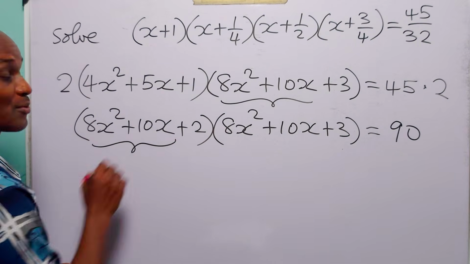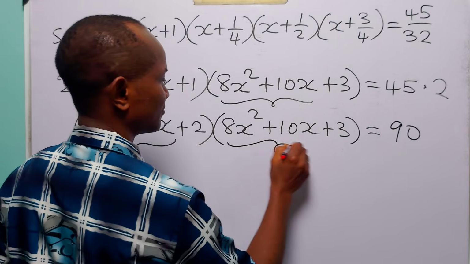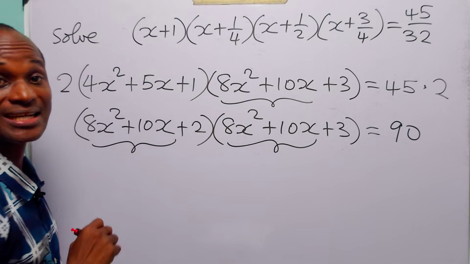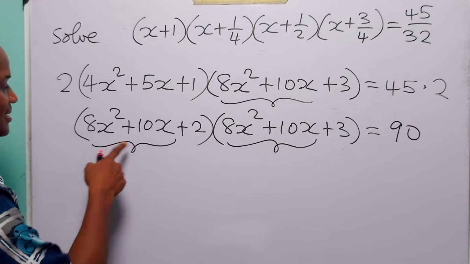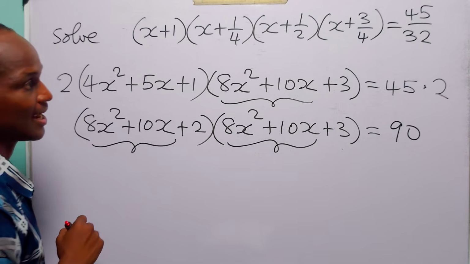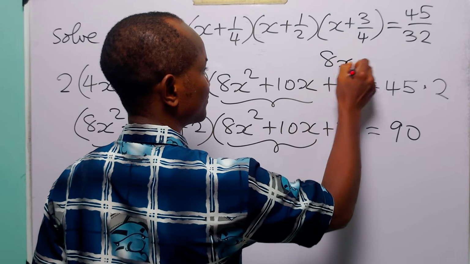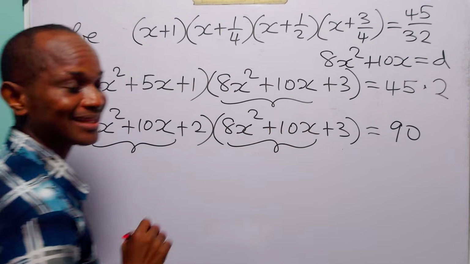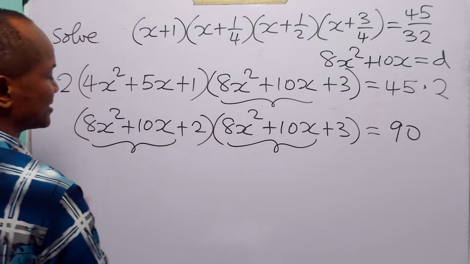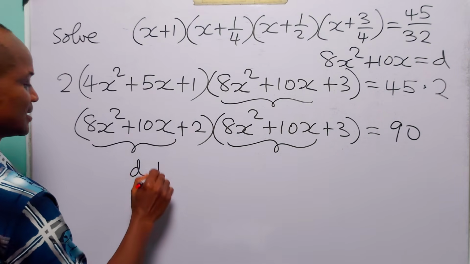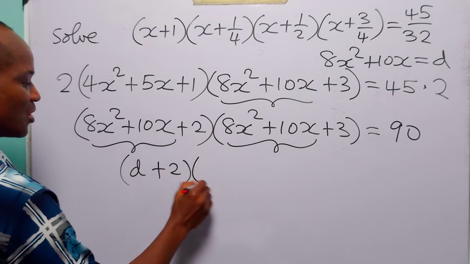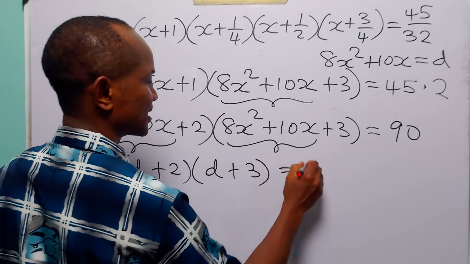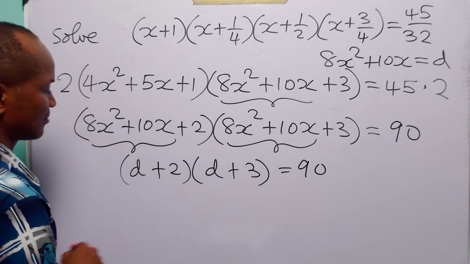Now, we have 8x squared plus 10x. And of course, you know that we have to do a substitution to simplify this equation. Let 8x squared plus 10x be equal to the letter d. Then we can write this equation as (d plus 2) multiplied by (d plus 3) is equal to 90.